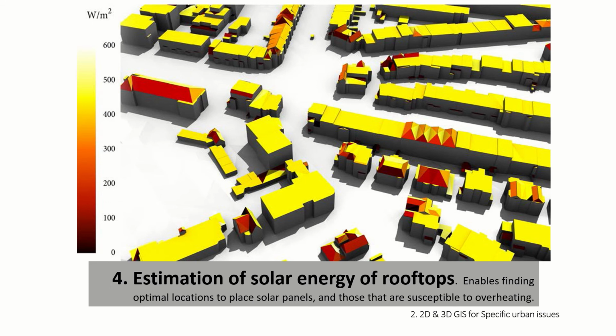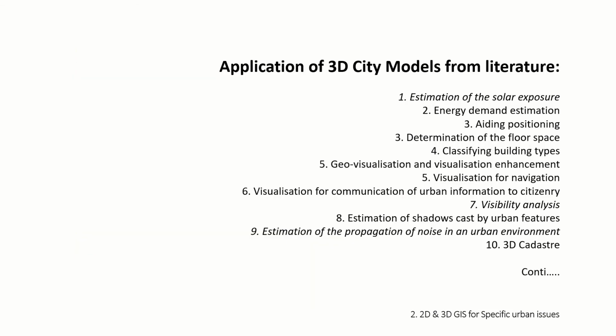And for example, solar energy potential. This is one of the topics we do in our studios as well. Many of our students do this kind of exercise where we try to identify potential locations for solar rooftops and so on, and this is one way 3D GIS can be applied.